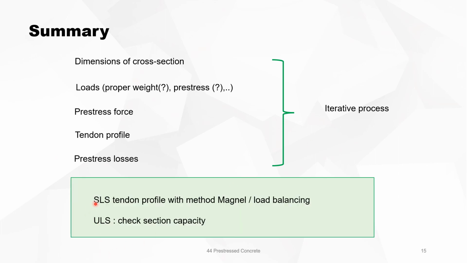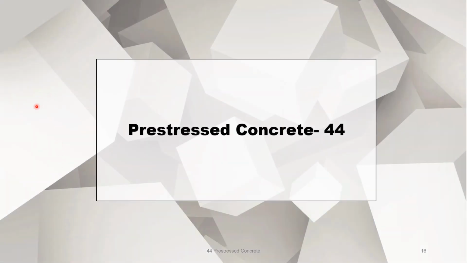In SLS, you look for the tendon profile with the method of Magnel or with the load balancing method, and in ULS, you only check the capacity of the section. In most cases, SLS is dominant. If SLS is okay, ULS will follow. So now you can check a prestressed beam in ULS. In the next lectures, we will give some examples.